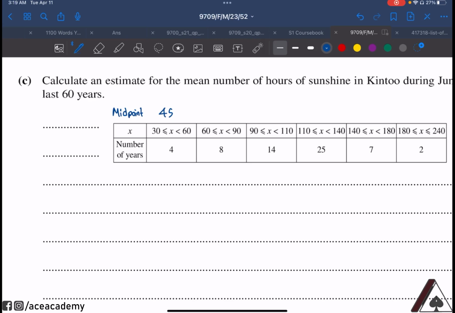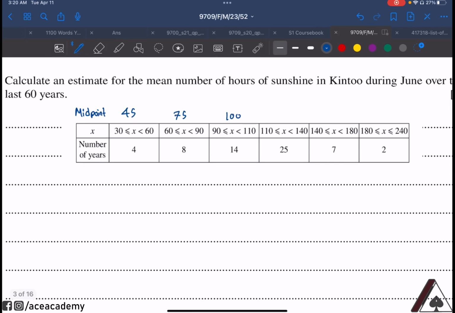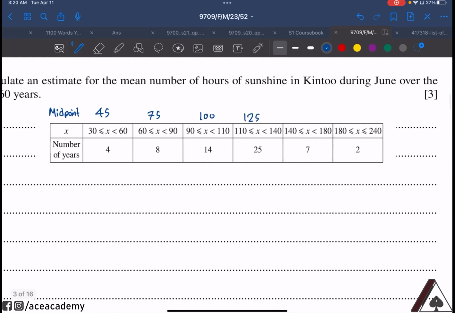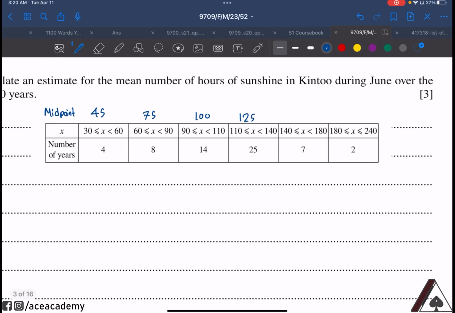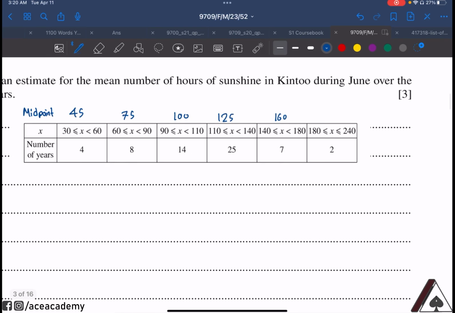Afterwards, 60 plus 90 by 2, which is 75. 90 plus 110 by 2, which is 100. 110 plus 140 by 2, which is 125. And then 140 plus 180 by 2, which will give us 160. And finally, 180 plus 240 by 2, which is going to give us 210.